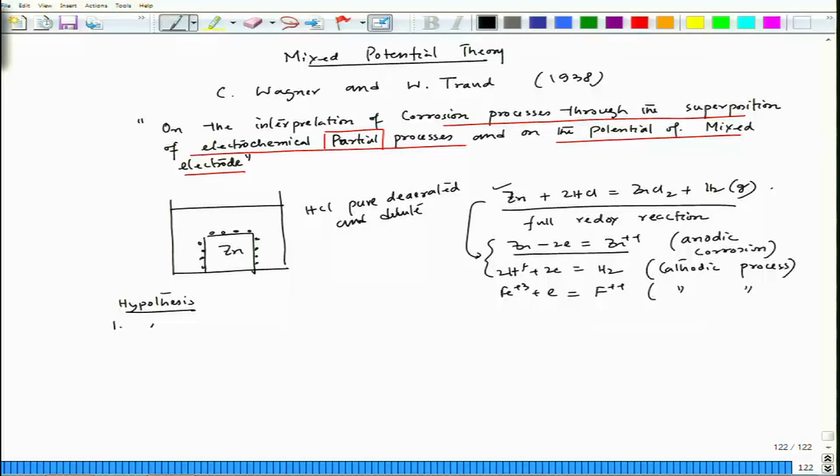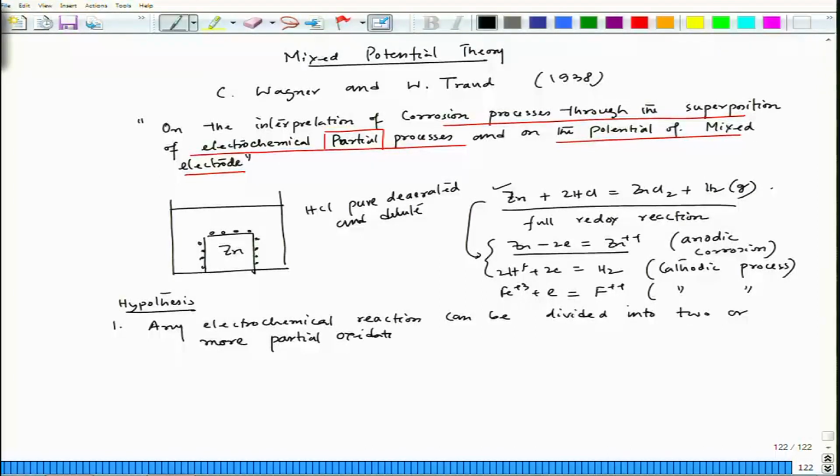This says that any electrochemical reaction can be divided into 2 or more partial oxidation and reduction reactions.